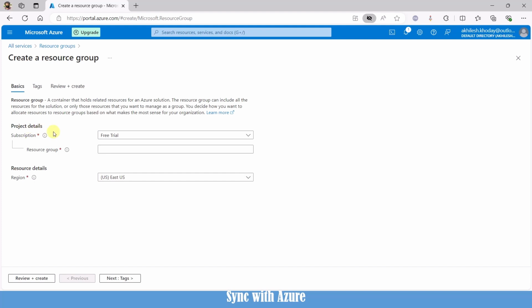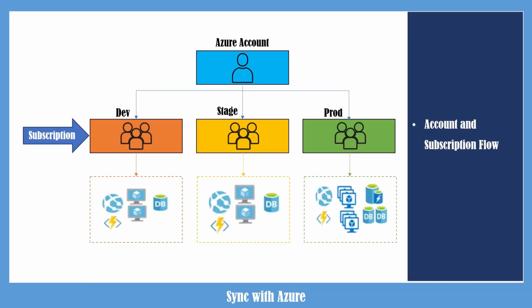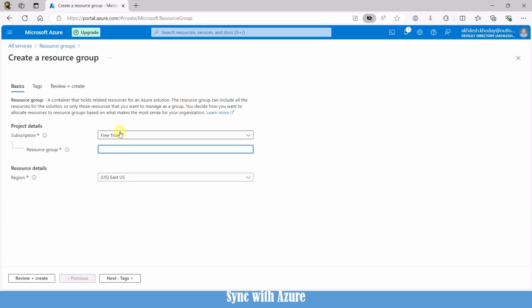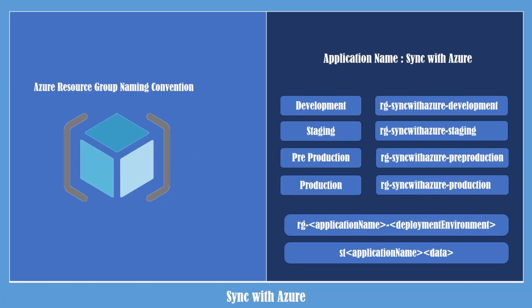It opens the create window where it asks for subscription. For now, I am using a trial account, so I have a free trial subscription. You can give any name, and we have discussed the name we need to give. So what I will give is RG hyphen sync with Azure hyphen the environment.